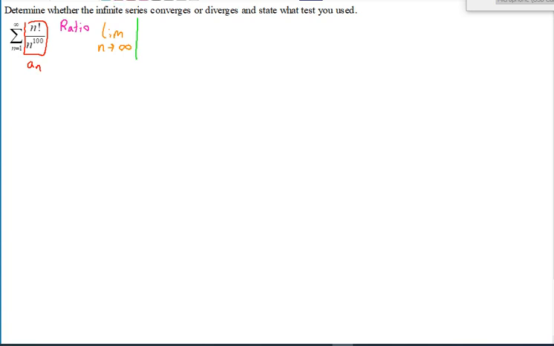So you first find a sub n plus 1, replacing everywhere there's an n with n plus 1. So this is n plus 1 factorial divided by n plus 1 to the 100th power. And then you divide it by the original a sub n, which is the same as multiplying by the reciprocal, n to the 100th over n factorial.